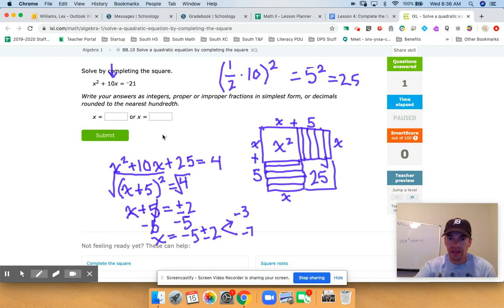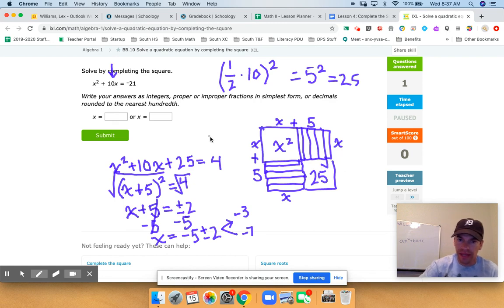Really, all you have to do is take half of this and square it, and it's going to come out to this 25 algebra tiles every time. So if you still need to do this visual, go ahead and draw it out. But the shortcut is just recognizing the b term and then taking half of it and squaring it. That gives you the number of tiles that you have to add on to each side.